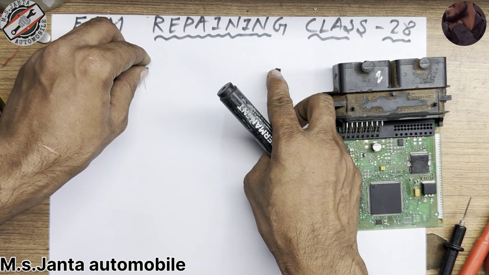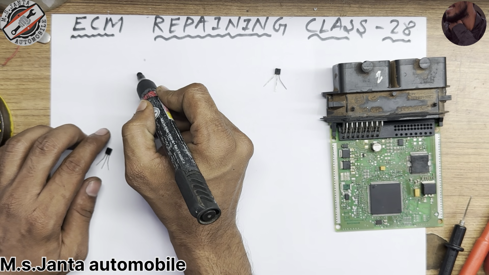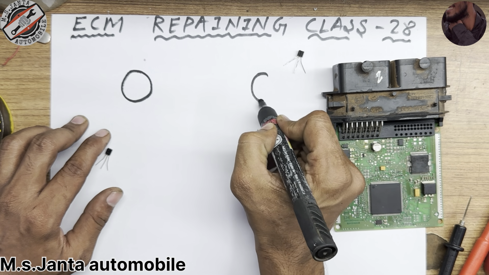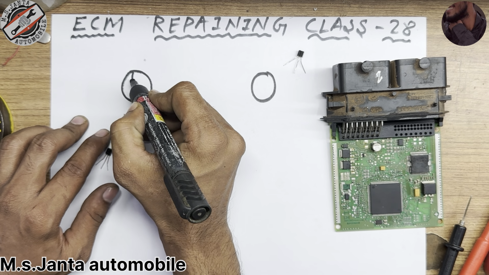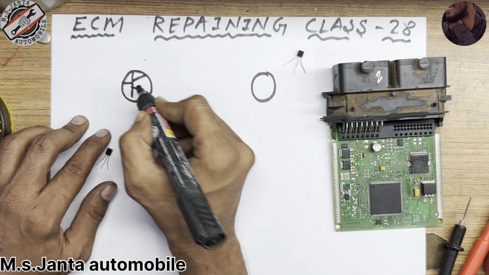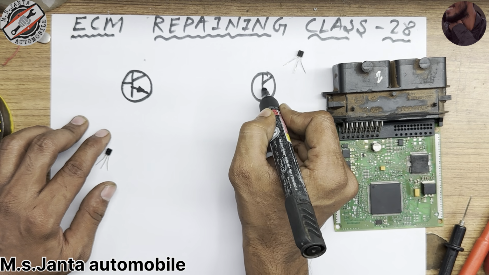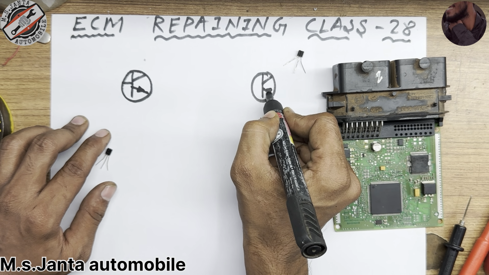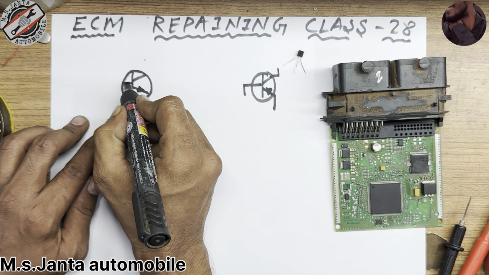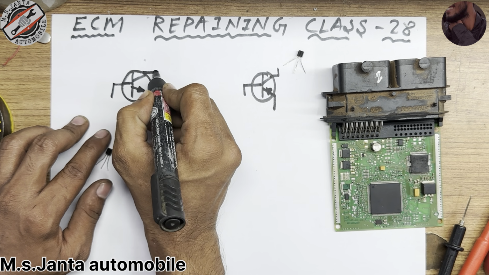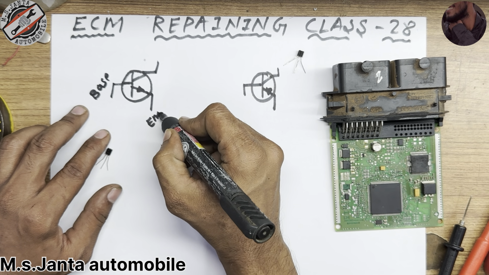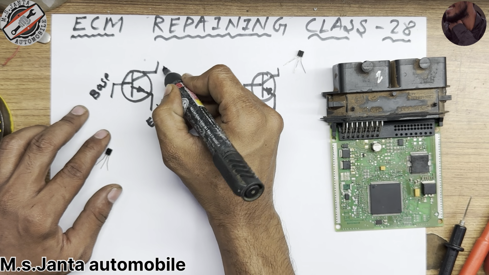How is the transistor circuit diagram? You can see this is like a circle, and just connect here. Mainly it depends on this diode connection. This is base, this is emitter, this is collector.